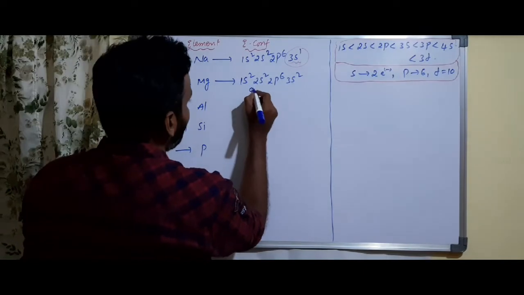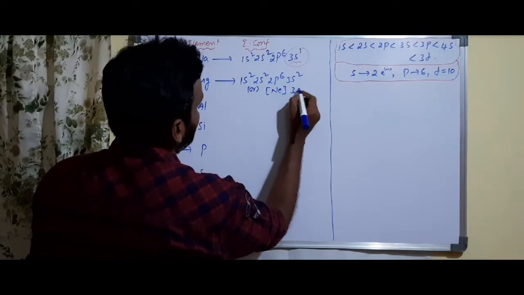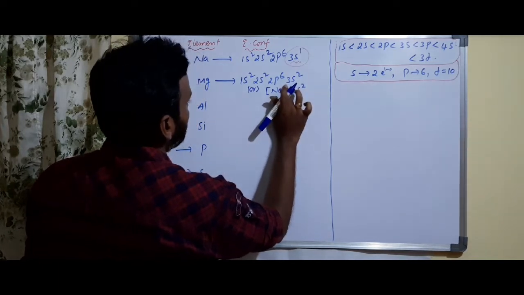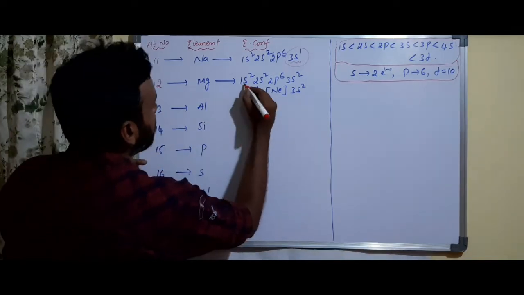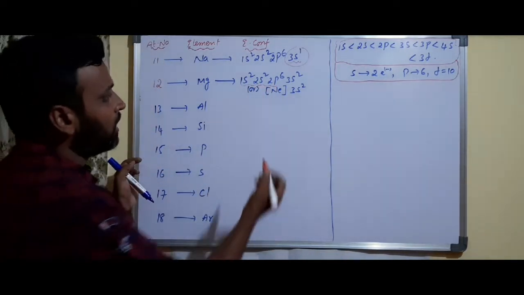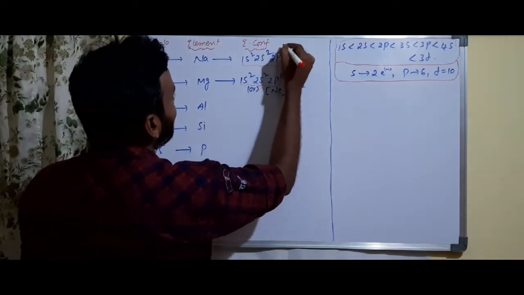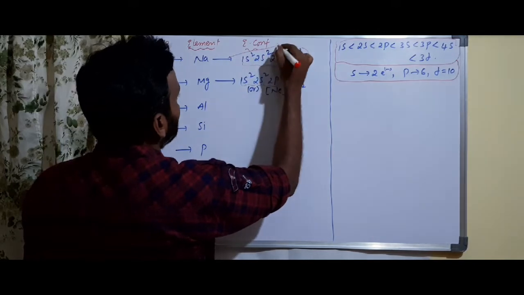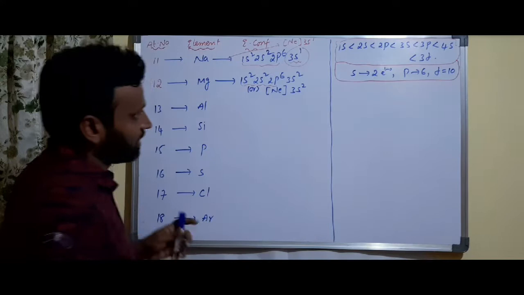This same you can write like this also: neon 3s2. Because I told you already, 1s2, 2s2, 2p6 is called neon. The same way here also you can write neon 3s1.